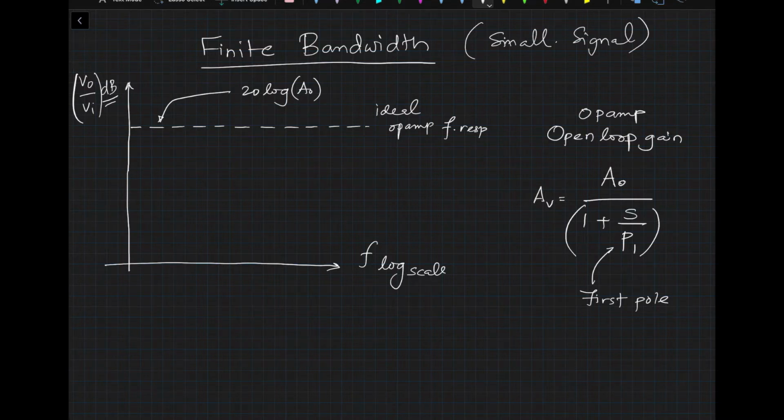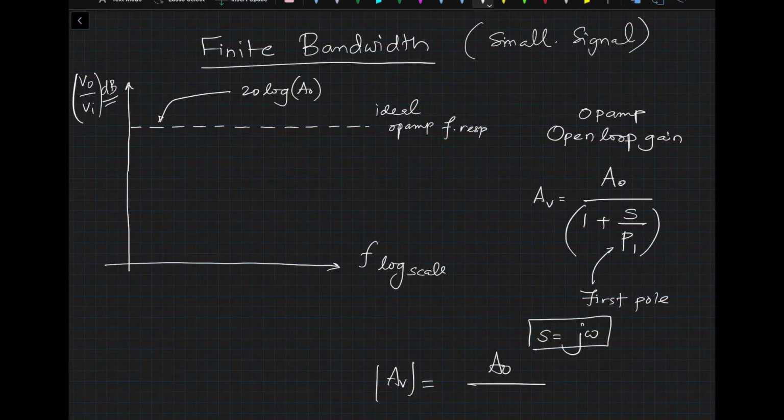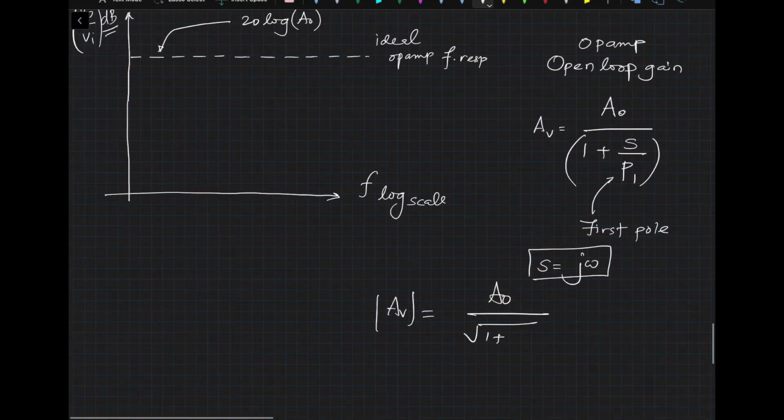So when we do frequency domain analysis, we substitute S is equal to j omega. And you can quickly see that when your frequency is equal to the pole frequency, the magnitude of AV will look like A0 divided by square root of 1 plus omega divided by P1 squared. That's the magnitude.